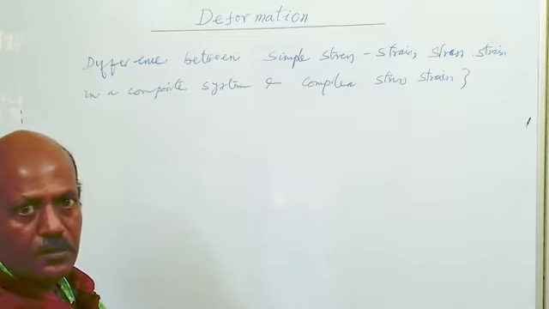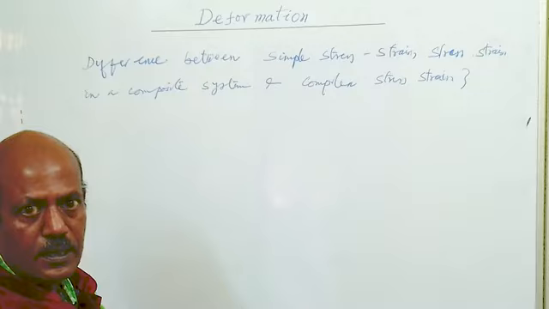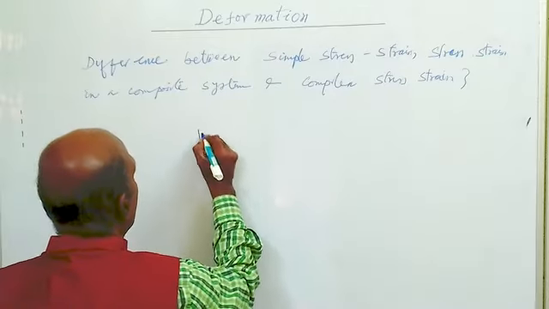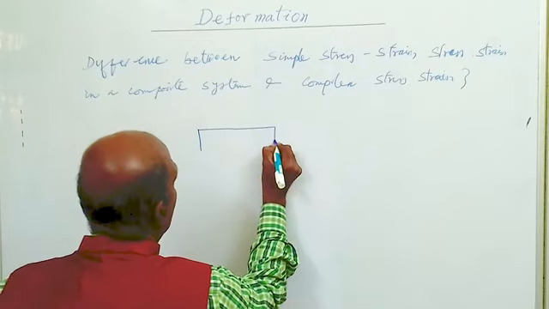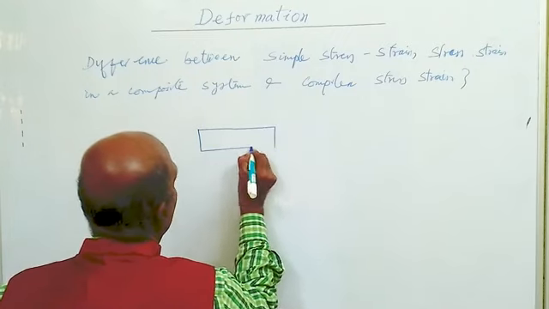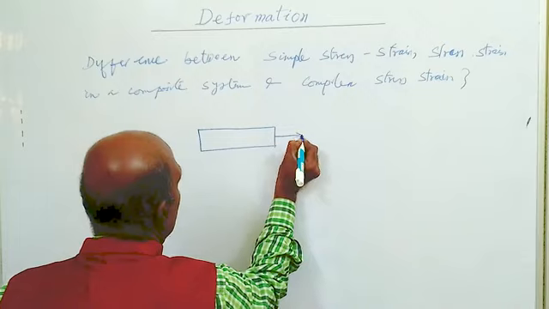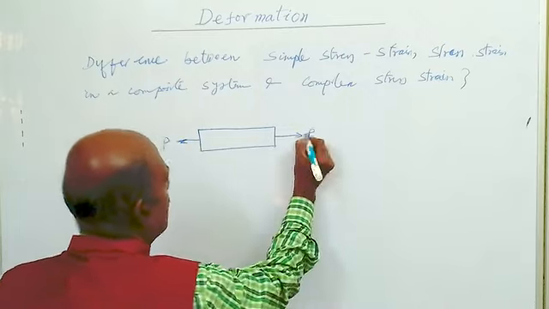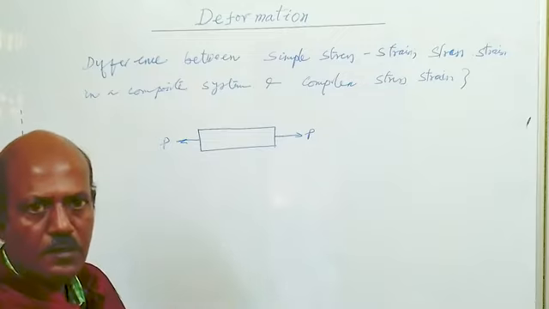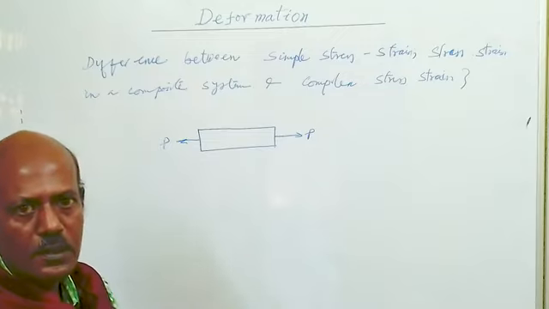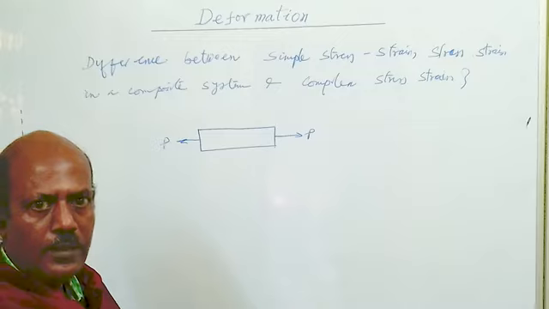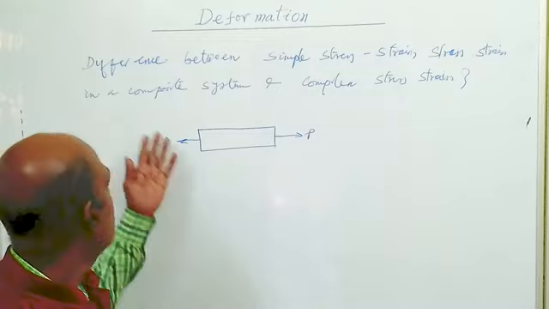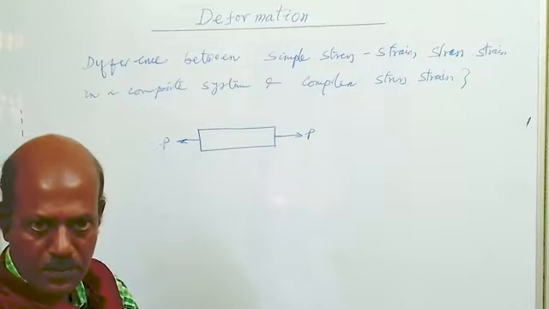Whatever video we have seen, we discussed the simple stress strain. Say a bar is under load. This is a uniform bar and the bar is under load P. Say the load is a tensile load, or it may be a compressive load, or a shear load, and the stress or strain developed in this system is called the simple stress strain.